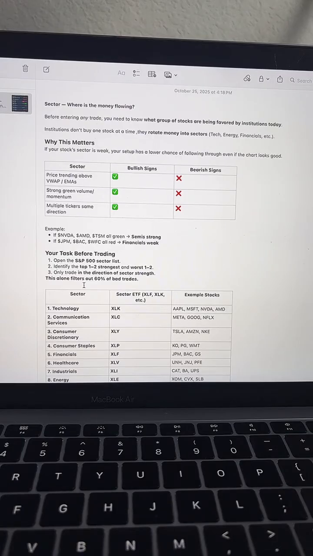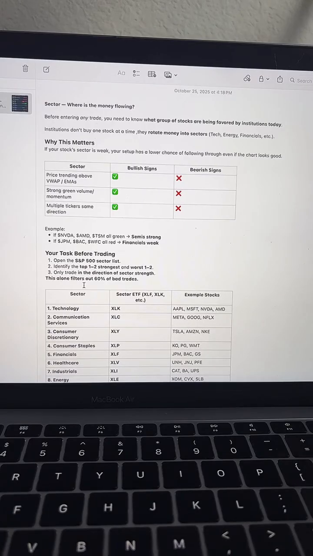Okay, so for example, Apple is in the tech sector. Apple could have a good setup individually, but if the tech sector isn't doing too well, your chances of Apple executing whatever play you think is going to happen are lower probability.